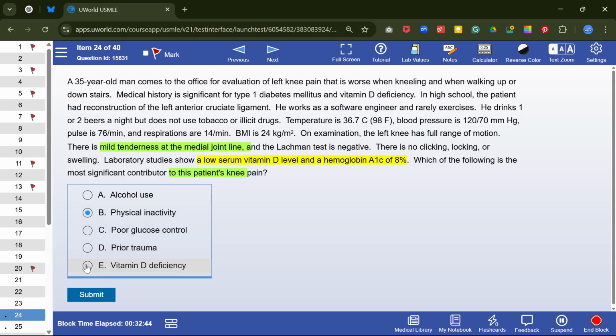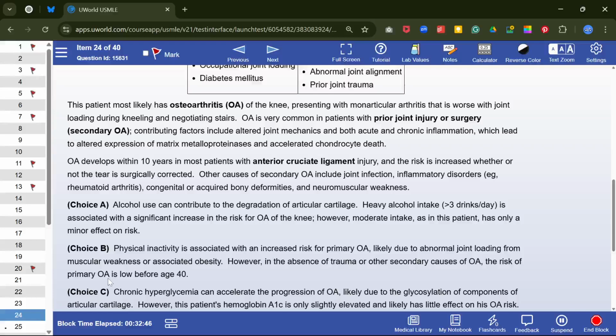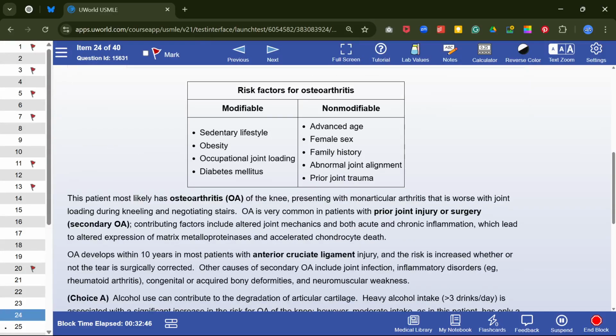Is it due to prior trauma? Okay, it's atypical, osteoarthritis secondary. So this patient most likely has osteoarthritis.